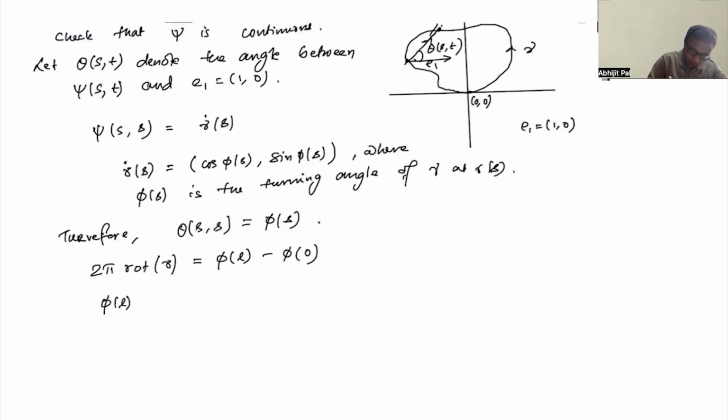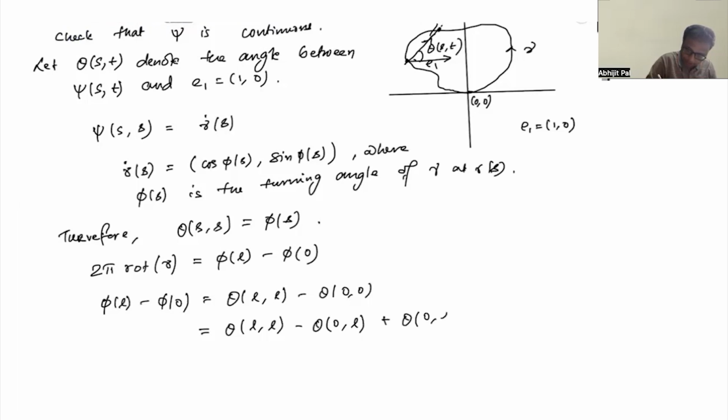Now phi L minus phi 0 is equal to theta L L minus theta 0 0, which is again equal to theta L L minus theta 0 L plus theta 0 L minus theta 0 0.